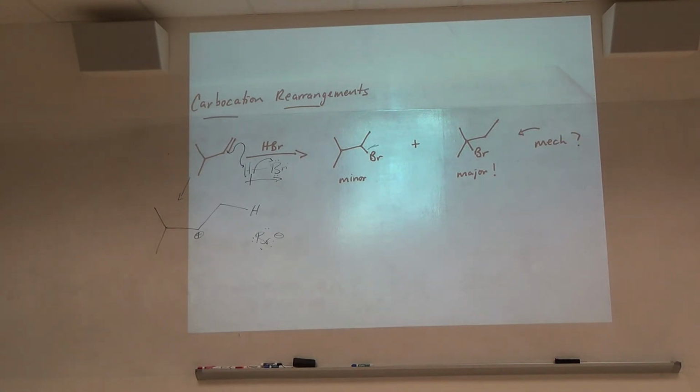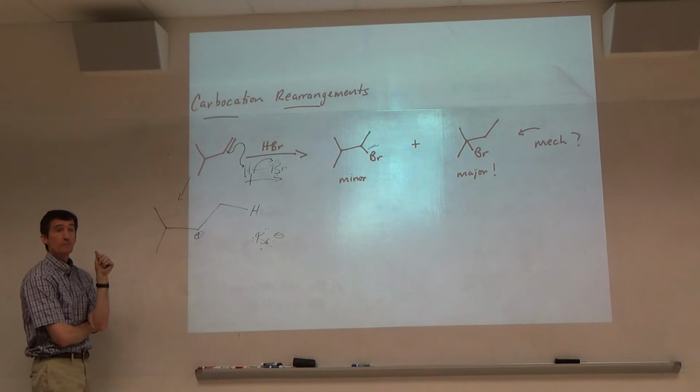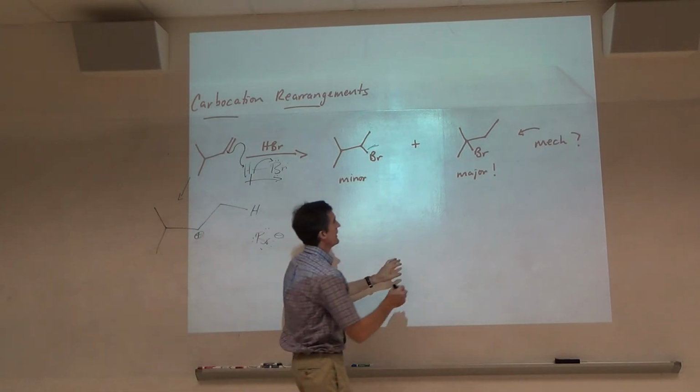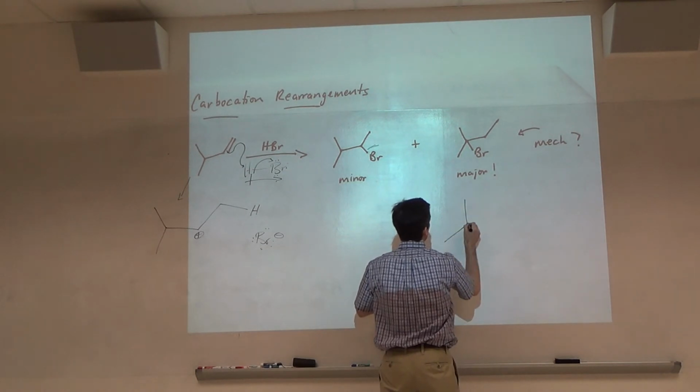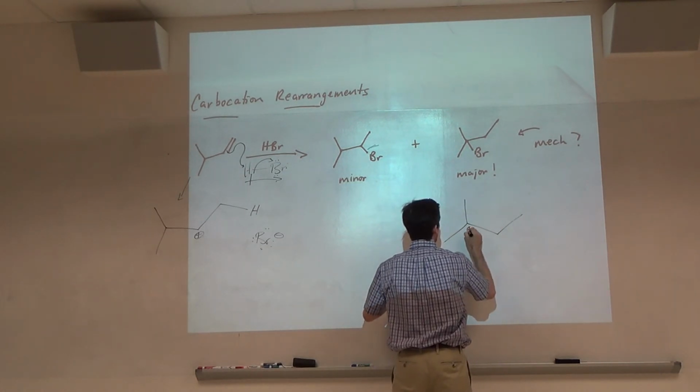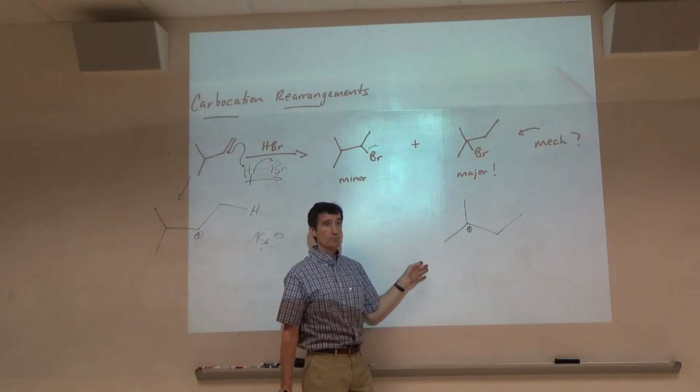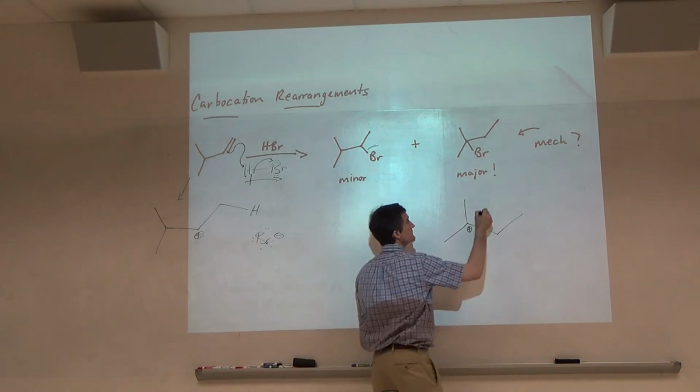How do we get the major product? I heard methyl. Let's back it up over here. Does everybody agree to get that product, we need that carbocation? Br minus, okay, yeah.